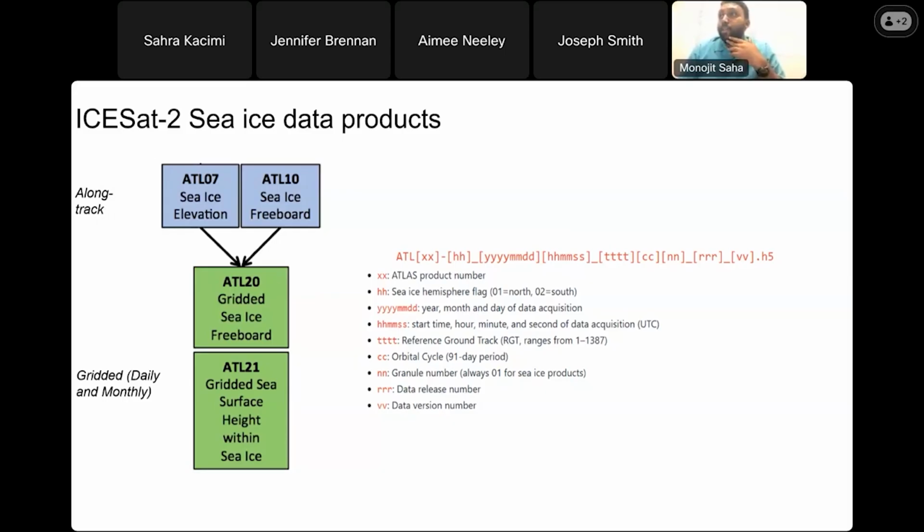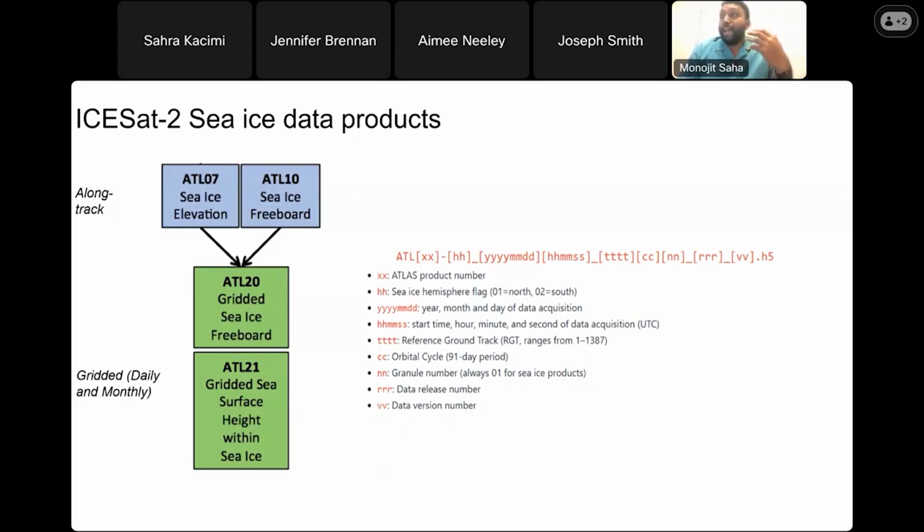As you can see in the slide over here, we have the typical sea ice file format. The file format gives us a range of information, starting from the ATLAS product number, i.e. is it ATL07, ATL10? We can also understand which hemisphere this is from, whether it is the northern hemisphere or the southern hemisphere.